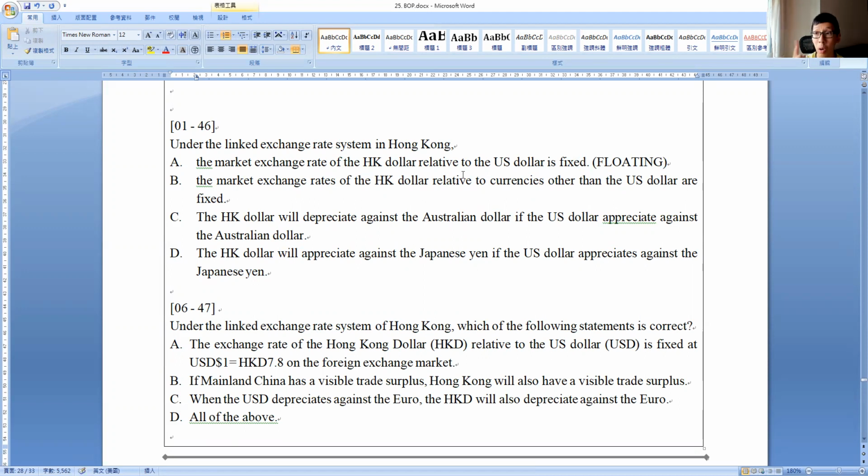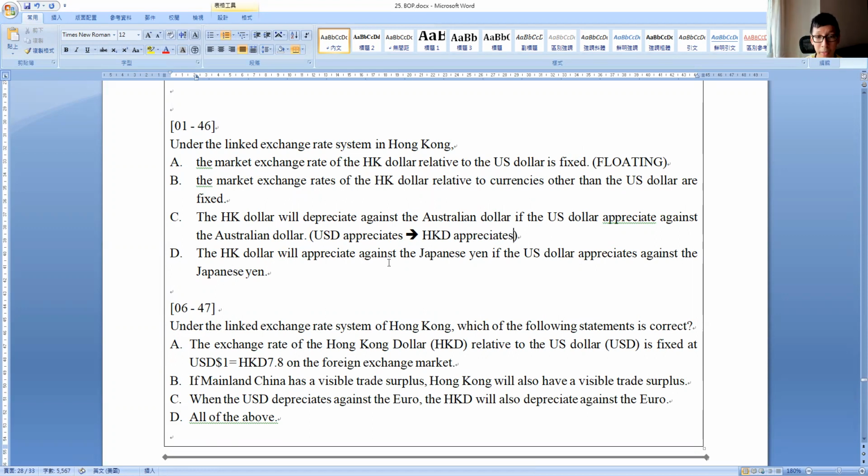No, Hong Kong always runs a floating arrangement. Remember, Hong Kong is a free market, always floating. Now, what about this? Hong Kong dollar will depreciate when US dollar appreciates. No, actually, when USD appreciates, it means the Hong Kong dollar also appreciates. They should go in the same direction.